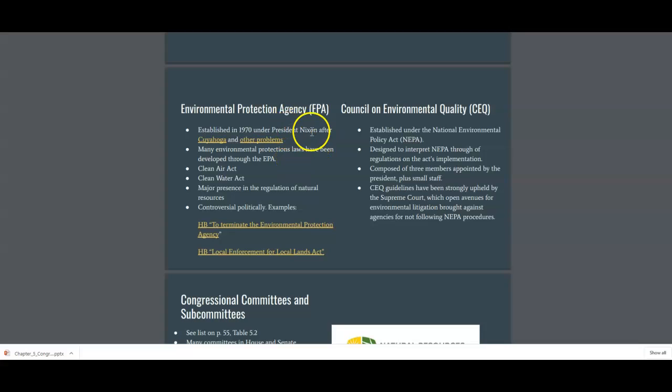We actually have President Nixon's administration to thank, in part, along with a lot of other people, for not just the EPA, but also Congress for passing the Clean Air Act and Clean Water Act and other legislation that I've talked about that are still important today.